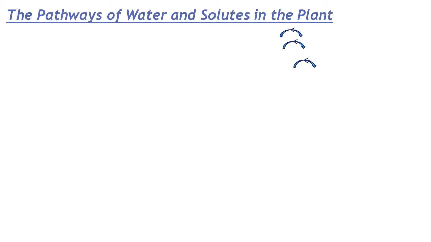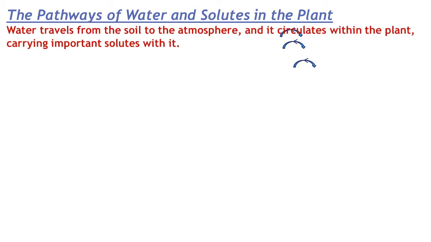Now, the pathway of water and solutes in the plants. Let us discuss various pathways of water and solutes in the plants with diagram. Water travels from the soil to the atmosphere and it circulates within the plant carrying important solutes with it.